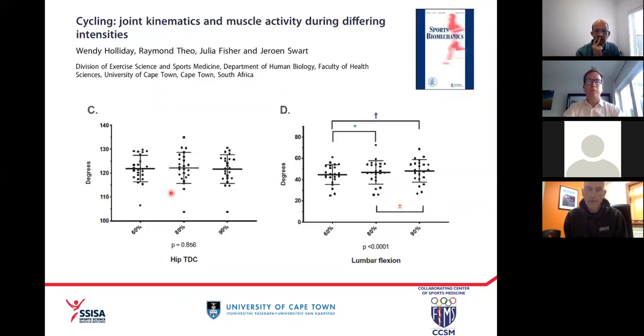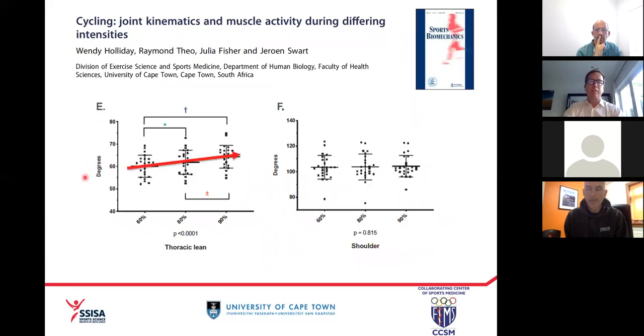Wendy's own study, which I've already referred to, looked at how those different joints moved. What we see over 60, 80, and 90% is that the hip joint does not change position. So cyclists maintain the same hip flexion angle throughout their different range of activities. But what we do see is that they increase lumbar flexion. So you become more flexed at your lumbar spine. You have increased thoracic lean.